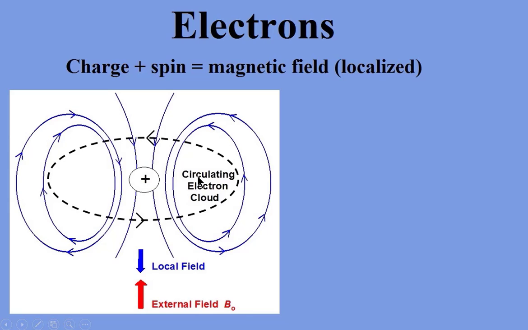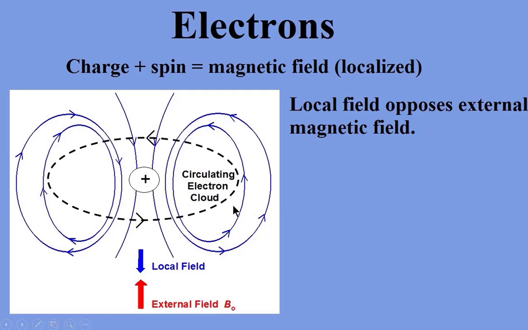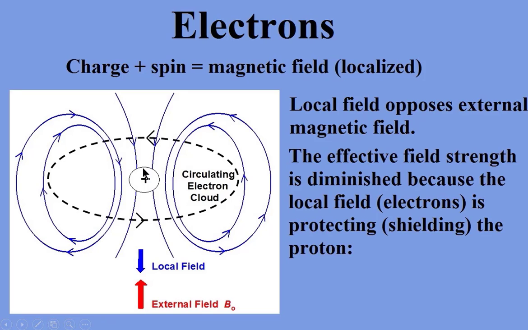So if we look at, for example, a sigma bond, and here's the magnetic field being produced by the electrons in the sigma bond to the hydrogen atom. So we're normally talking about a carbon to hydrogen bond here. The local field produced by the electrons as it hits the hydrogen nucleus is actually aligned against the external magnetic field.